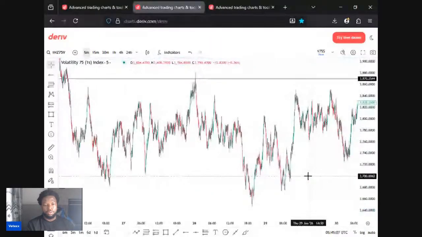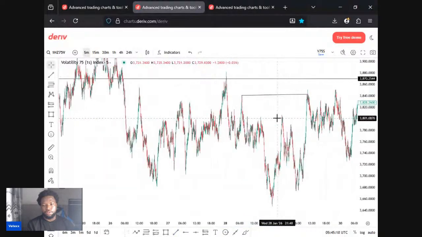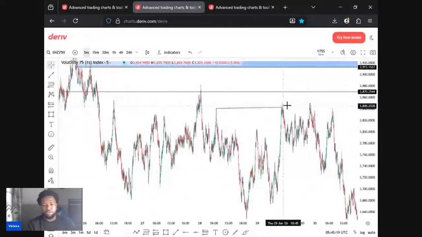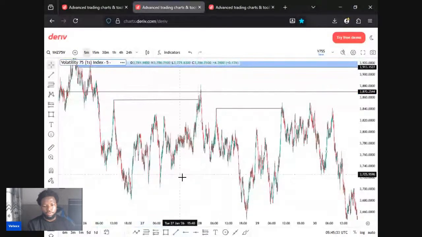So this was our structural liquidity. So this was our sweep. Because remember, we had this sweep here, right? We have a protected high here.